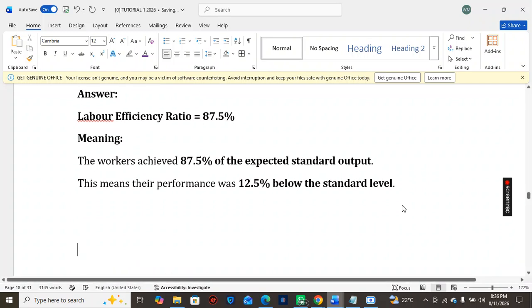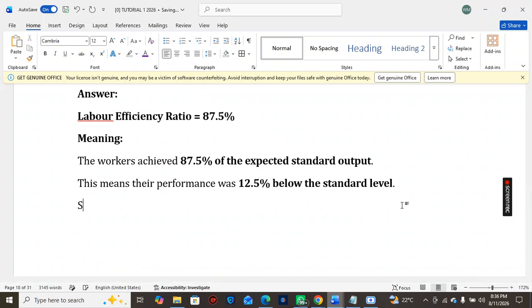Standard hours needed. Actual output, divided by standard output per hour.